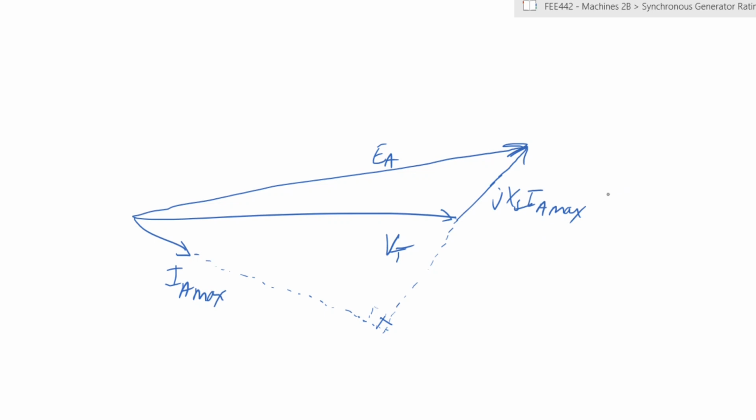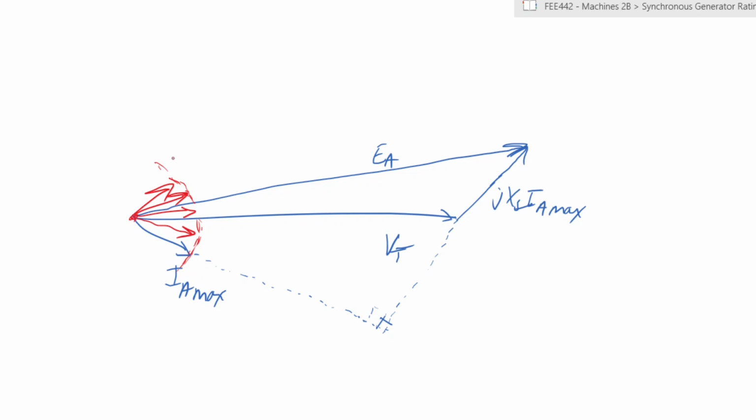So if we were to change, for example, the power factor, let's use a different color. If you change the power factor, you maintain IA max at the same level, but you change its angle, so that you have various points. It would form a circle around that point. The magnitudes of all these are equal to IA maximum, right?